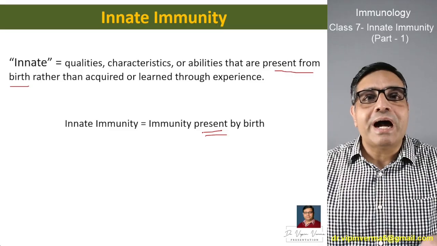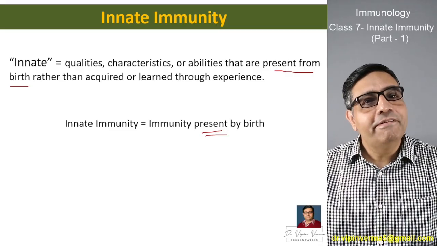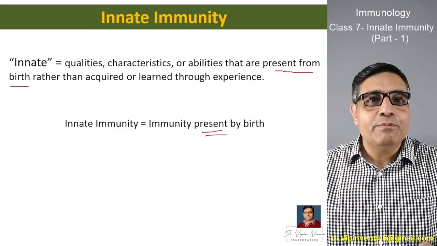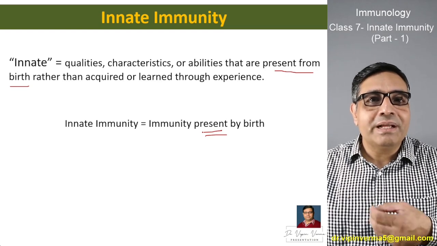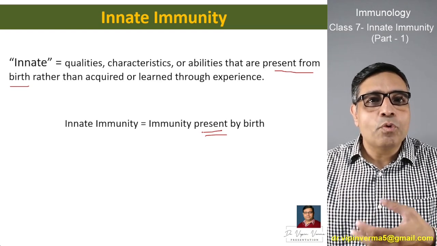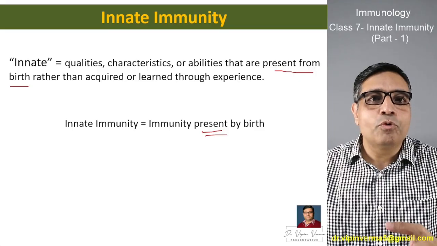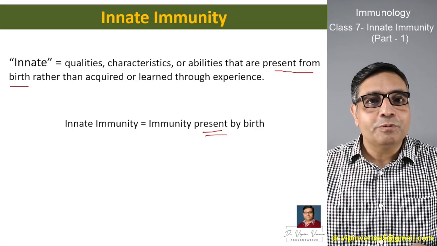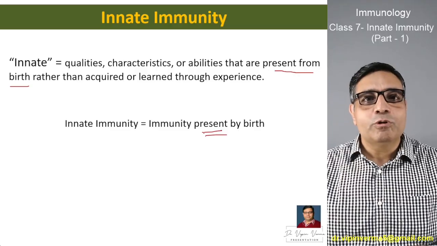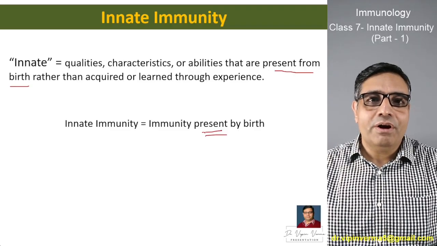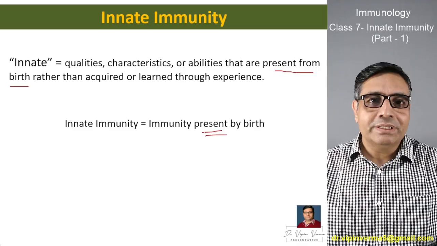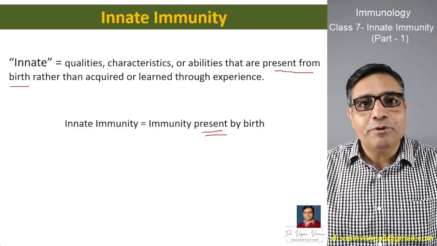As we move higher on the ladder, innate immunity is not only becoming more complex, bringing more molecules and different types of cells, but acquired immunity is also coming into the picture. But we are here focusing on the innate part of the immunity.